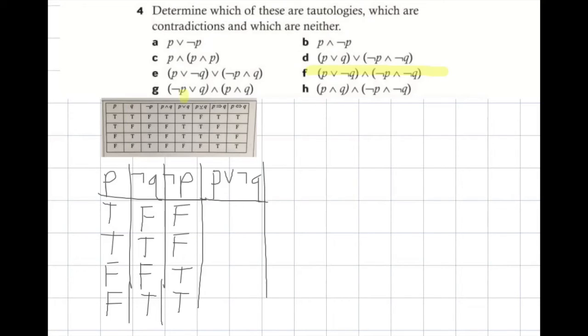So we're going to look at this column here for P and Q, where this is P and this would be like Q. Okay, so true for P, false for not Q. Okay, so true, false is true.